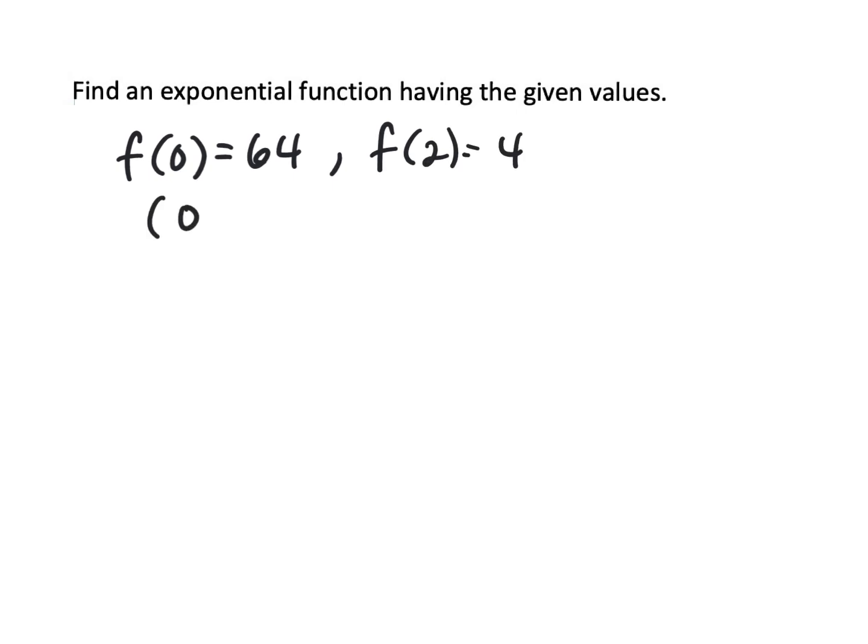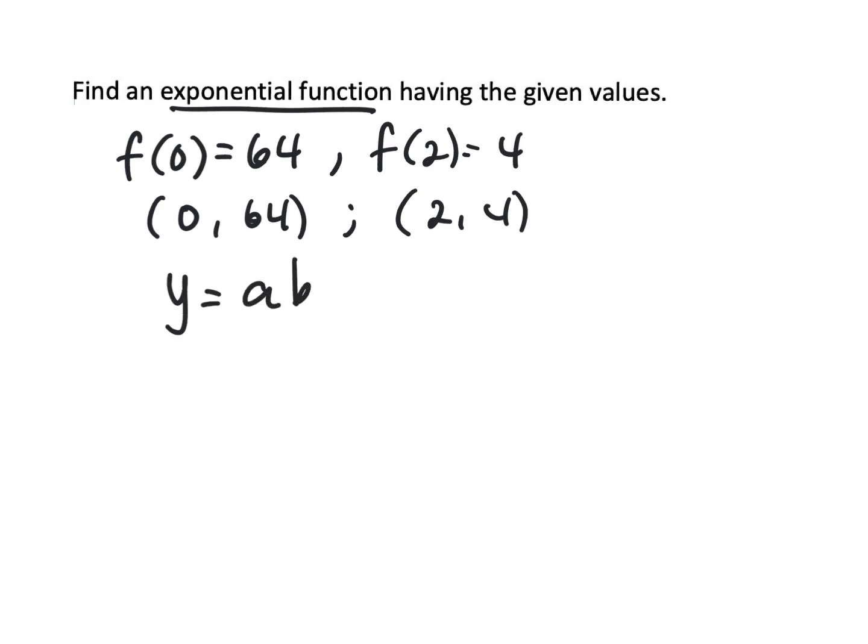So let's say we are given these points. f of 0 is equal to 64, and the other point is f of 2 is equal to 4. Ordered pair 0, 64, and the other one is 2, 4. We're going to find the exponential function of that. So y is equal to ab^x.